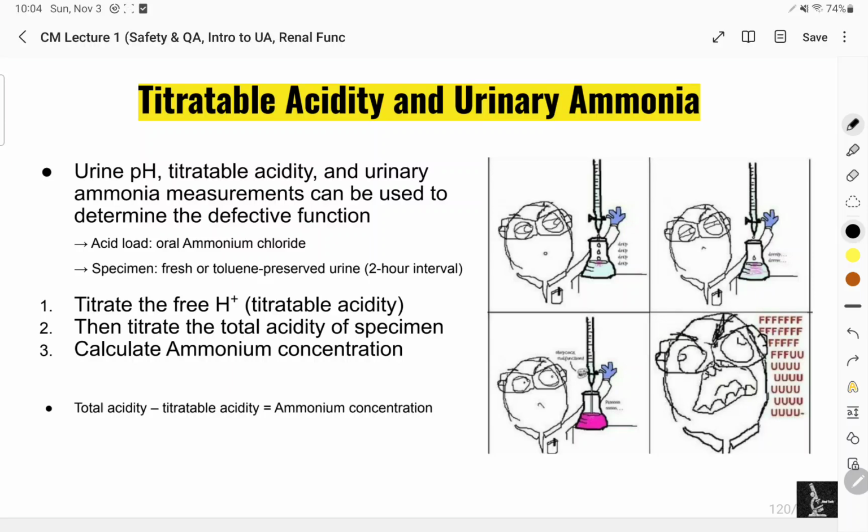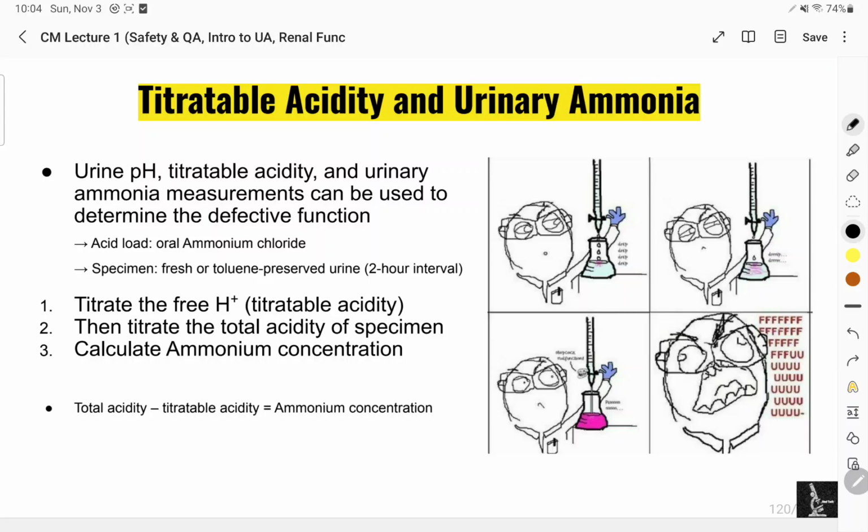Okay? So what happens here is the patient is given an acid load. It is an oral ammonium chloride. Then the specimen collected from the patient is fresh or toluene preserved urine at 2 hour intervals. What is measured is either it titrates the free hydrogen or it titrates the total acidity of the specimen, and it also calculates ammonium concentration.